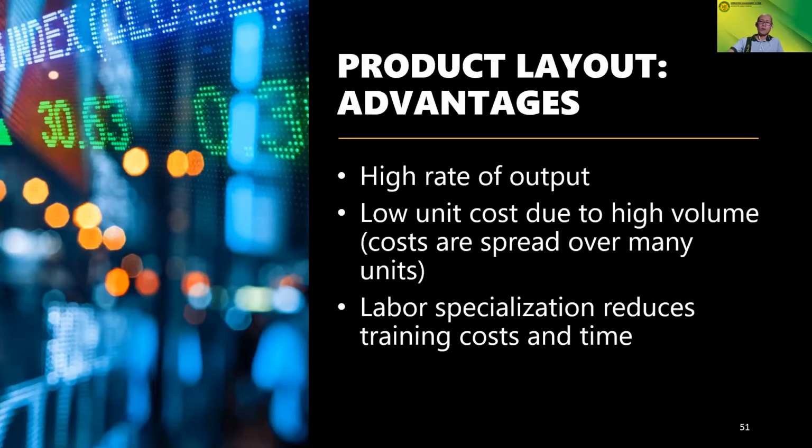So the following are some of the advantages of product layout. Number 1 is high rate of output, low unit cost due to high volume. The high cost of specialized equipment is spread over many units. Labor specialization, which reduces training costs and time and results in a wide span of supervision.